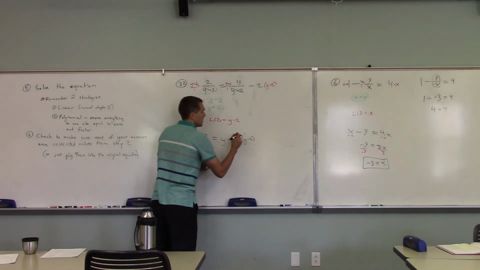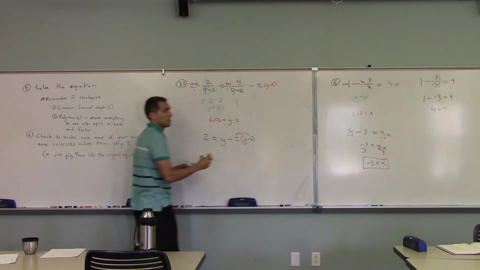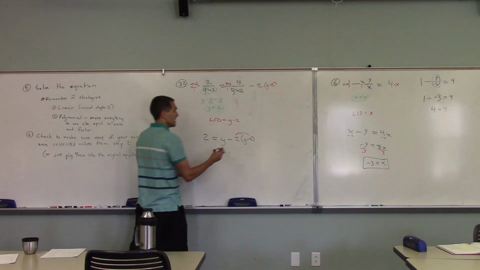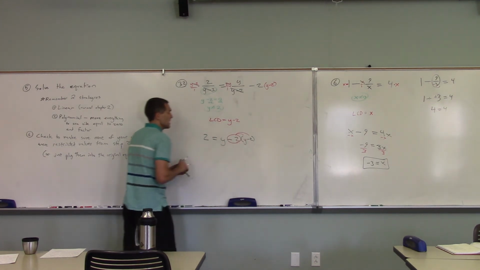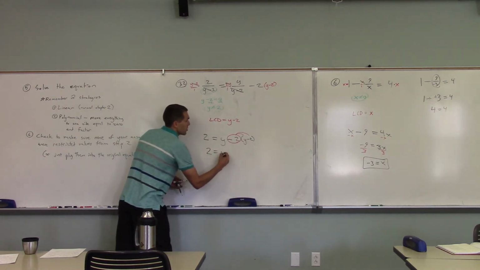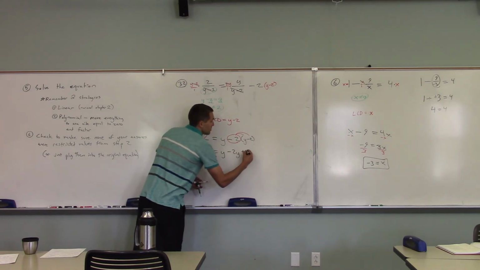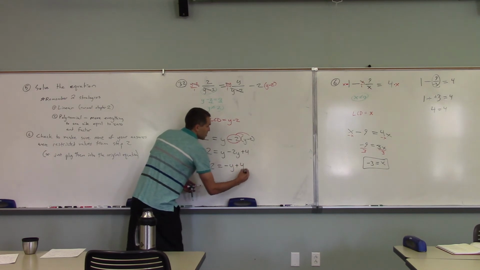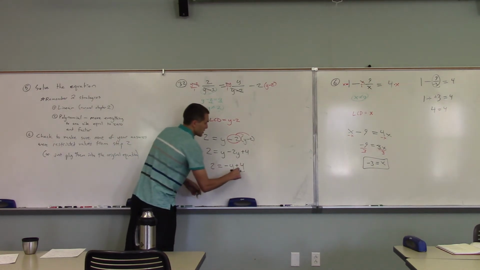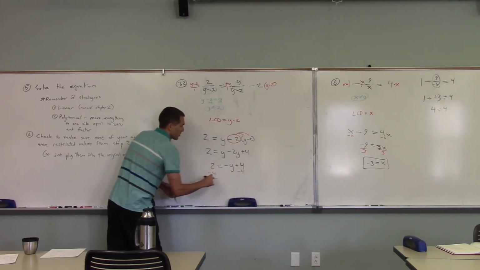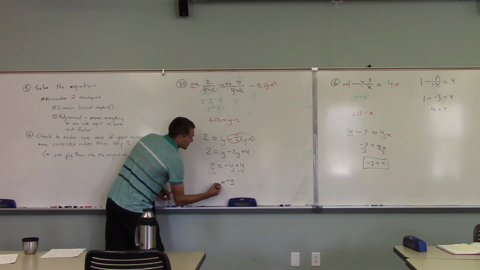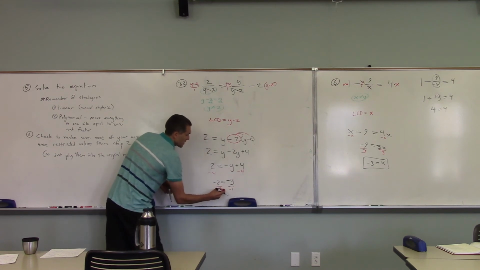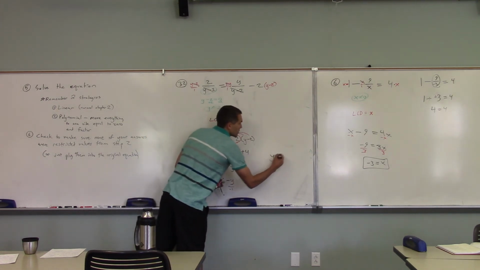When I distribute, negative 2y plus 4, because it's a negative 2 we're distributing. So y minus 2y plus 4. So 2 equals negative y plus 4. Then minus 4, minus 4. I get negative y equals negative 2. Divide by negative 1, and we get y equals 2 as our answer.